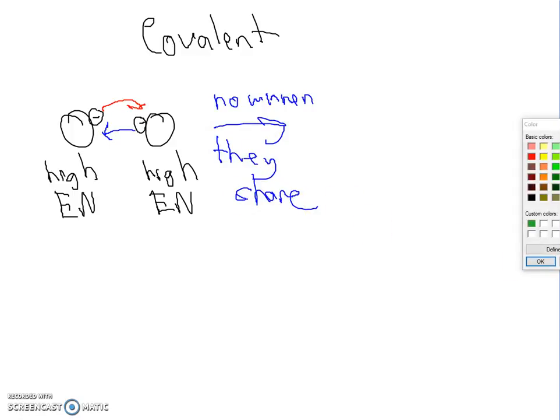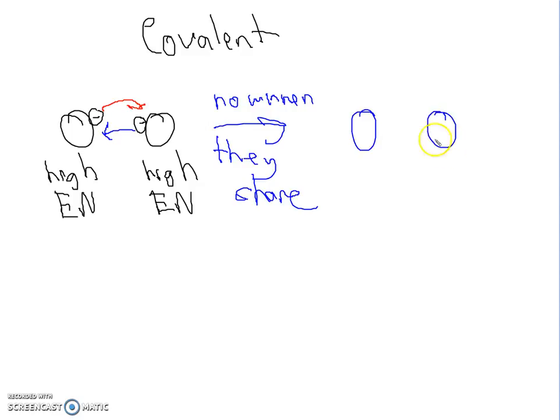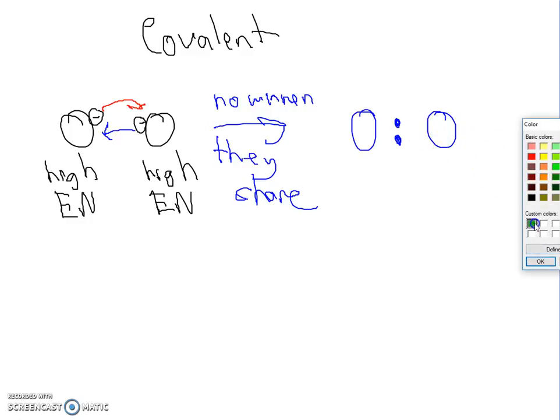Okay, and so you end up with these electrons, I was trying to do green, with these electrons in between them, and they're both attracting these electrons.